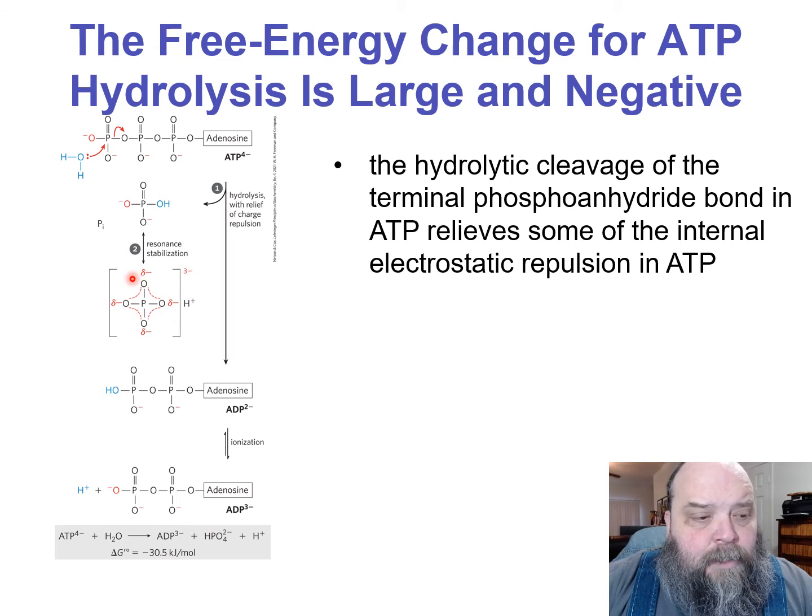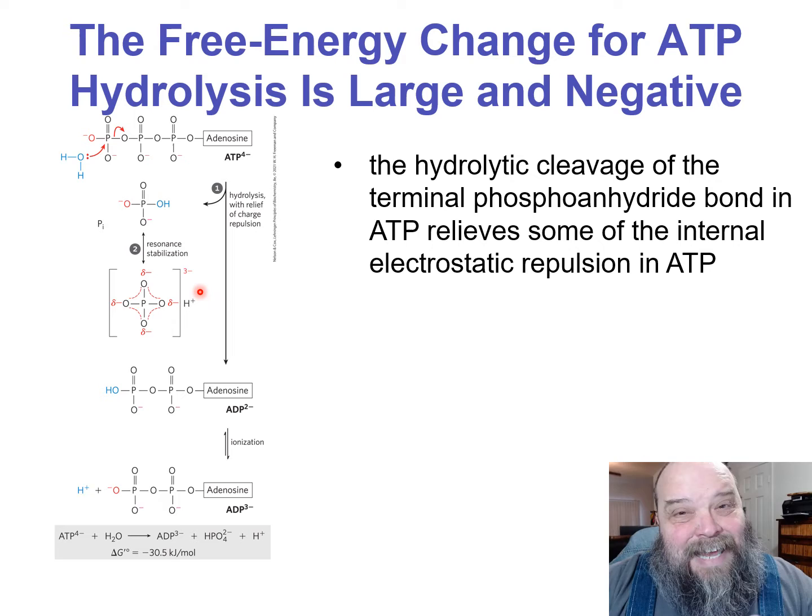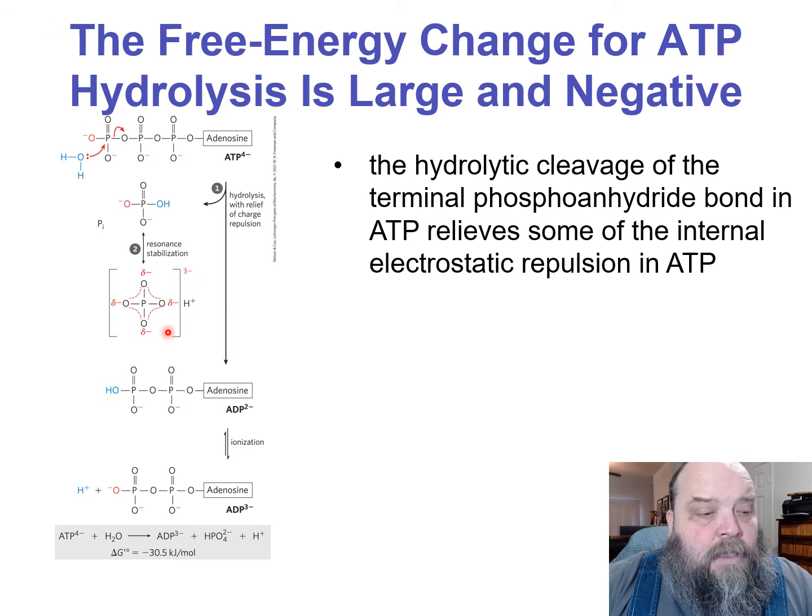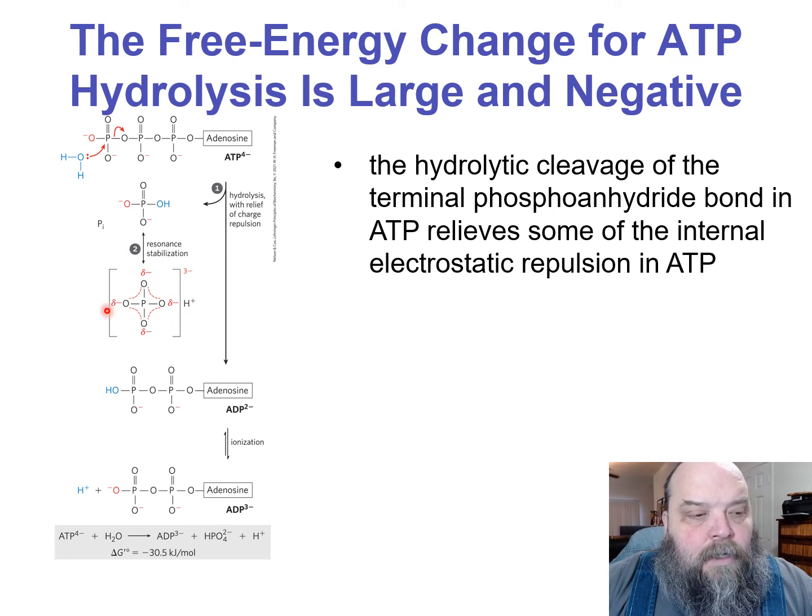It moves around. So what we would think of as HPO4 2 minus becomes 3 minus, because that proton's just hanging there, and the rest of them will share that double bond, instantly moving around, so it now becomes a pseudo 3 minus charge.